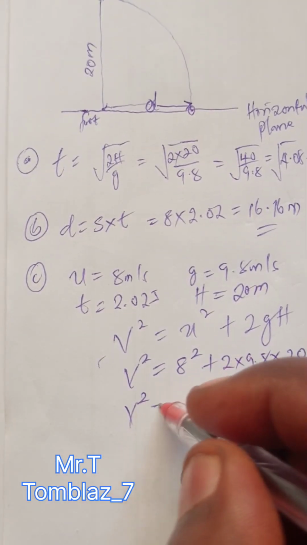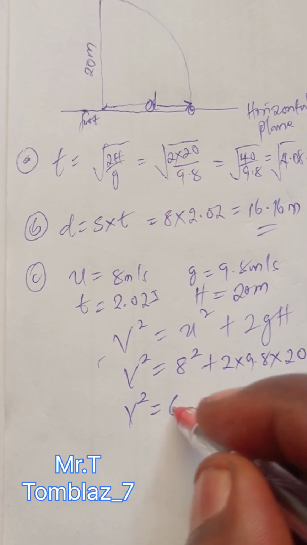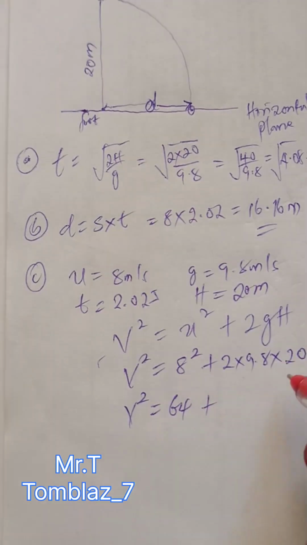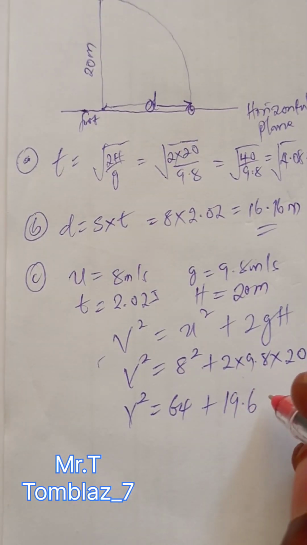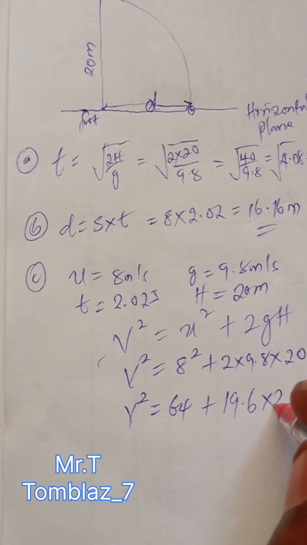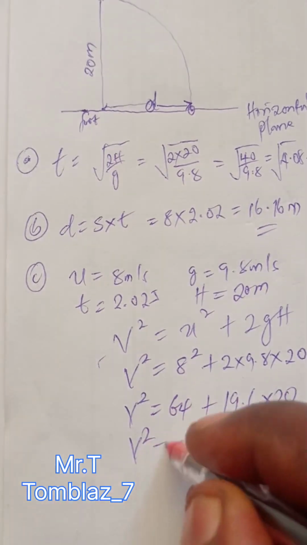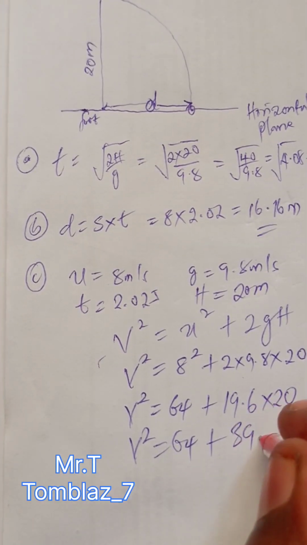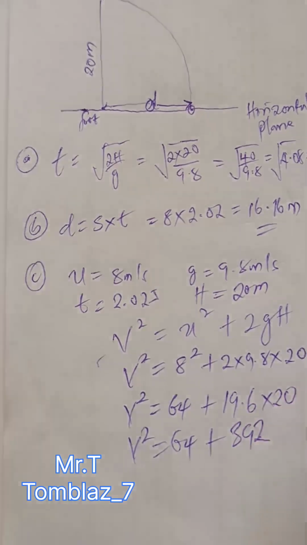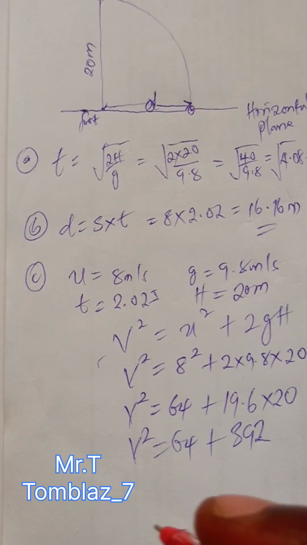So v squared is equal to 64 plus 9.8 times 2, which gives you 19.6, then times 20. We have 392.